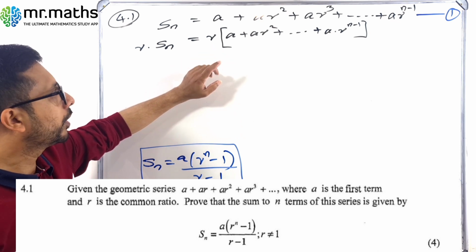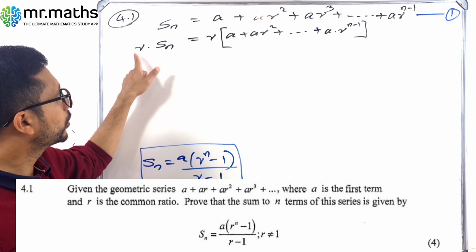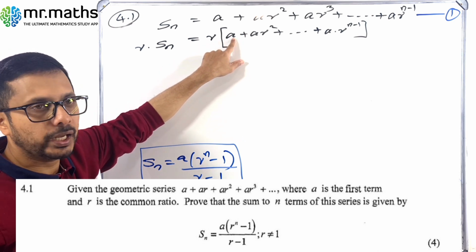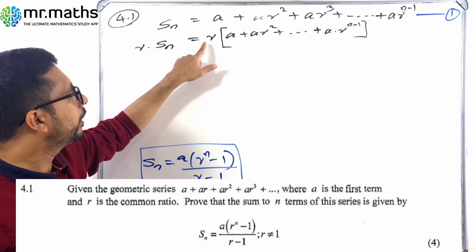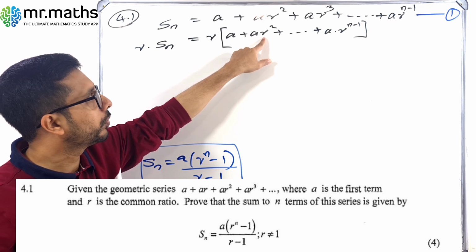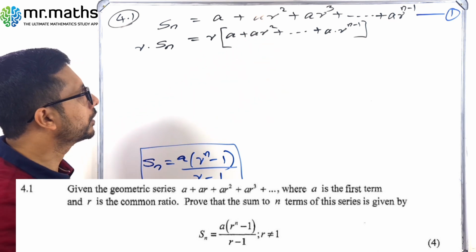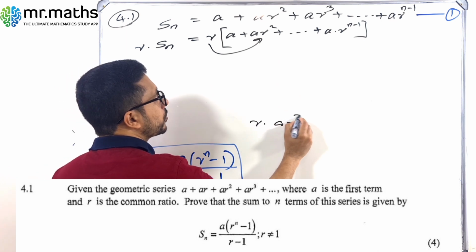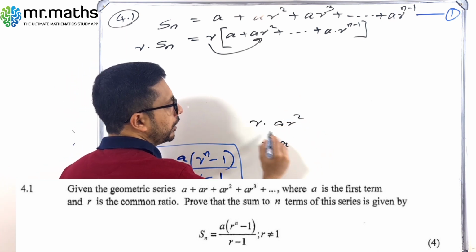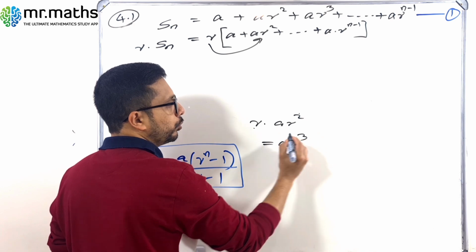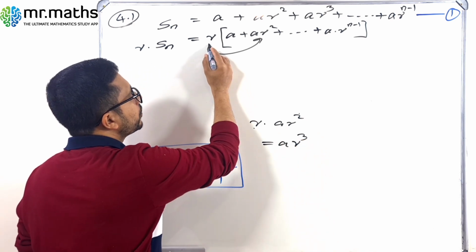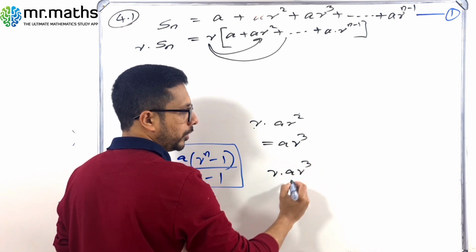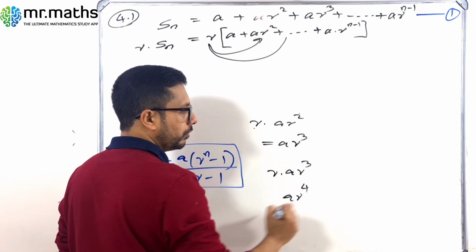Look at this. After I multiply both sides by r, I am supposed to expand. r times a is ar. Then r times ar is ar squared. Then r times ar squared is ar cubed, since r times r squared is r cubed. Then r times ar cubed is ar raised to 4.